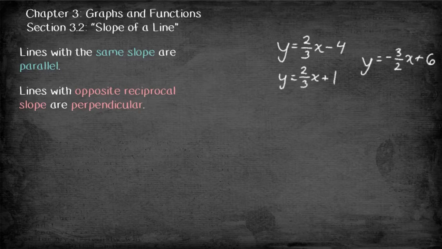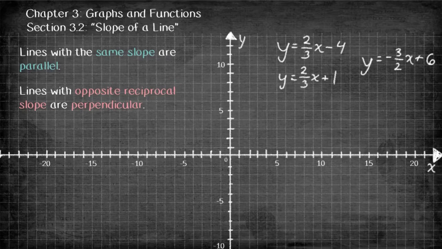Let's look at these three equations. Notice that we have two of these equations having the exact same slope. So according to this top statement, they're going to be parallel. And that makes sense, right? They are going up and to the right in the exact same ratio. For every 3 steps to the right you take, you have to take 2 steps upwards. It's just where they intersect the y-axis that is different.